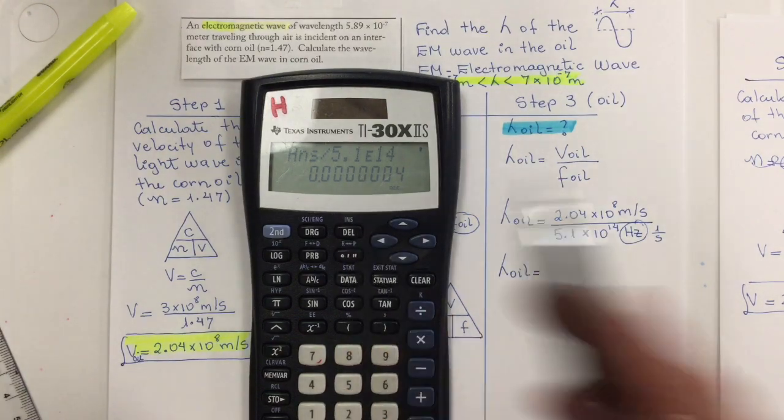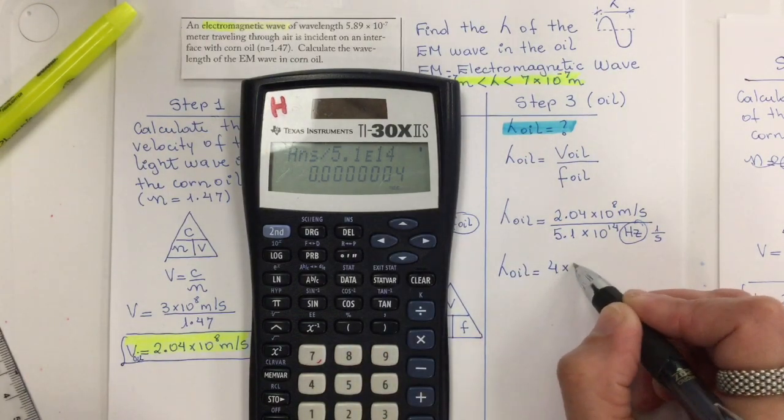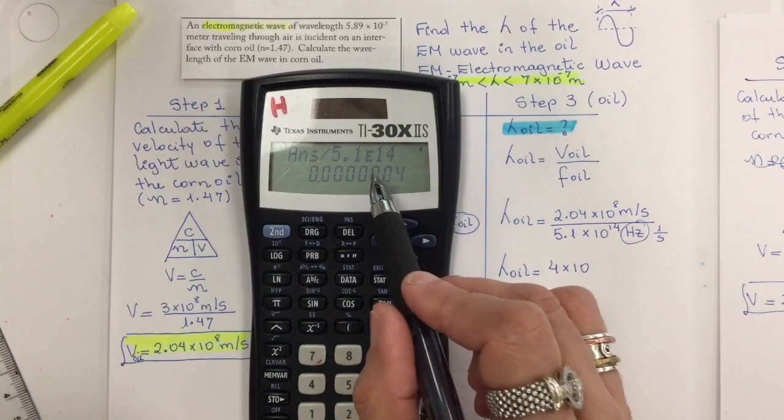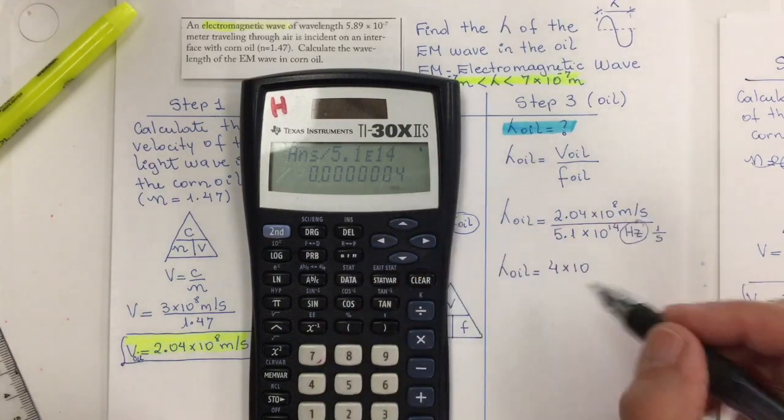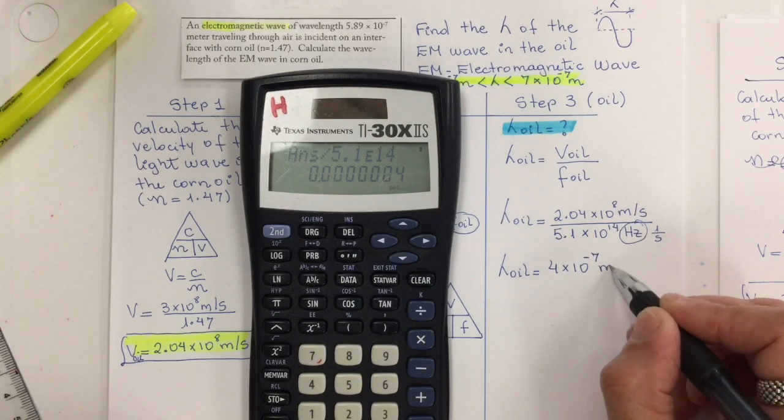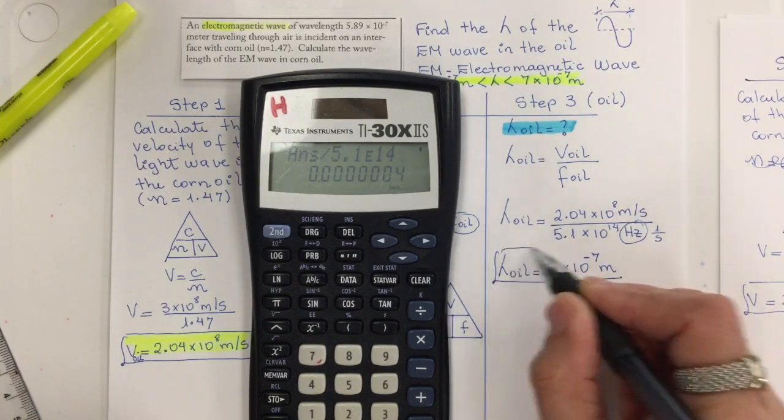To write it in scientific notation, it is 4 times 10 to the minus 7 meter. So that's the final answer.